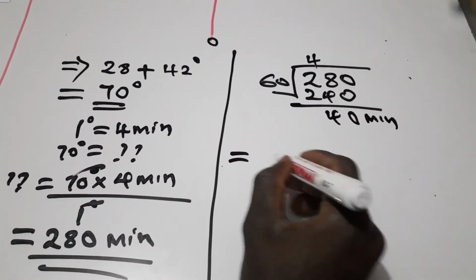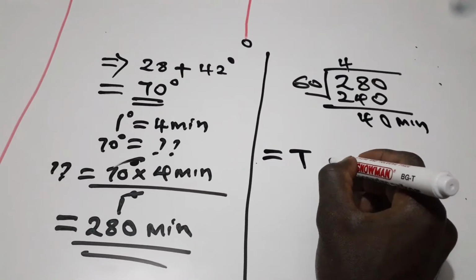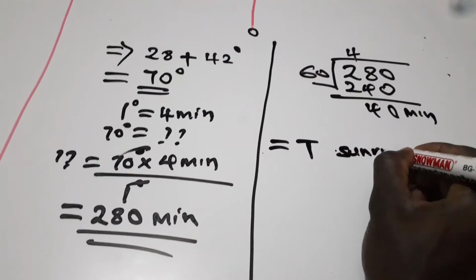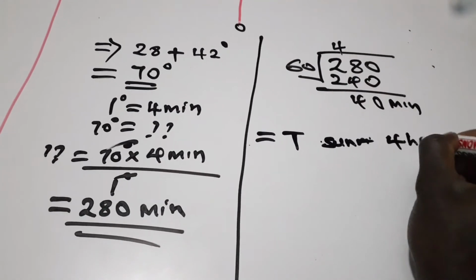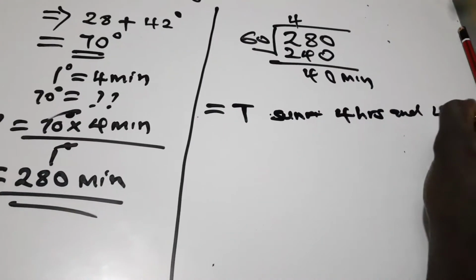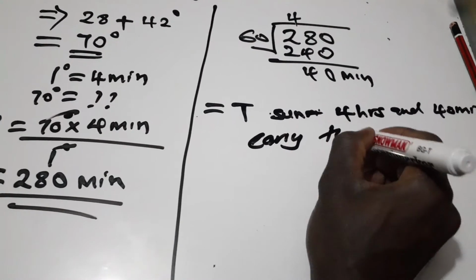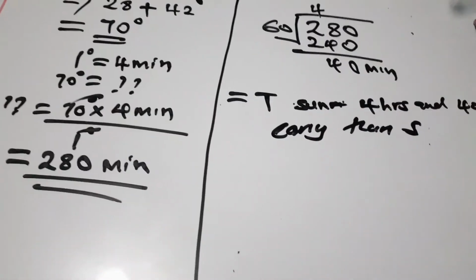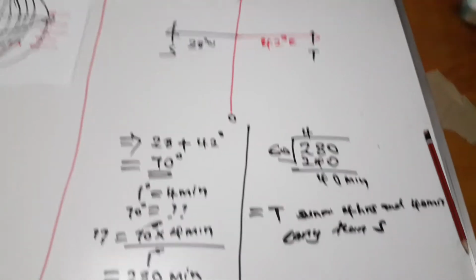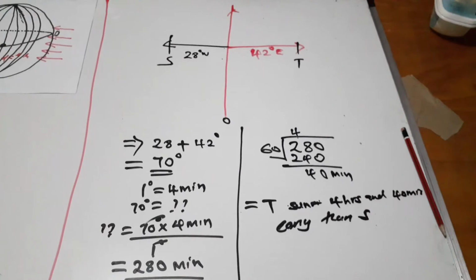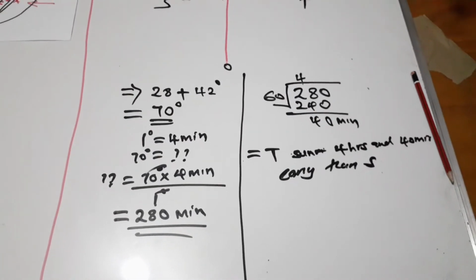So we are going to say that T receives the sun rays 4 hours and 40 minutes earlier than S. Are we together? And you can take it from the top, how you've done it up to our answer. We're going to move to our second example.